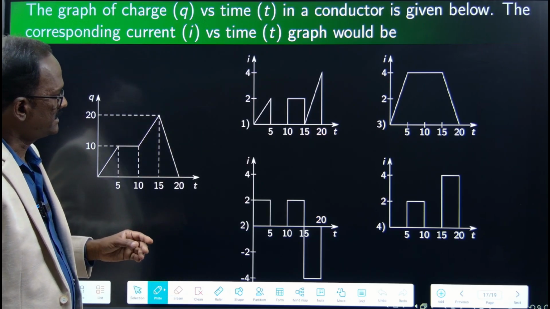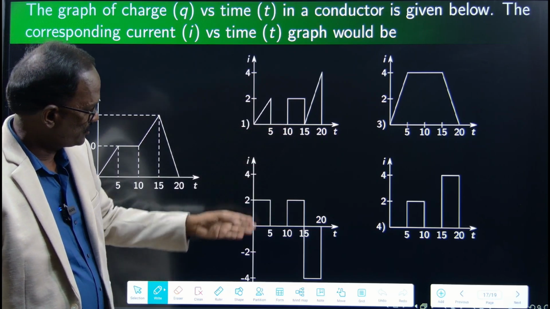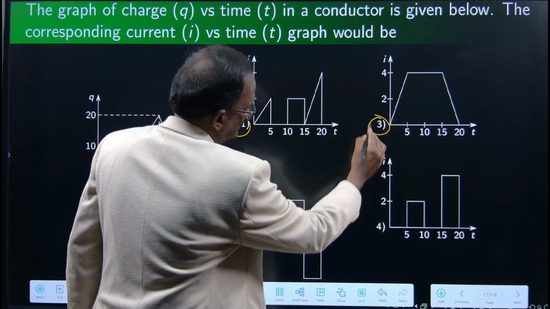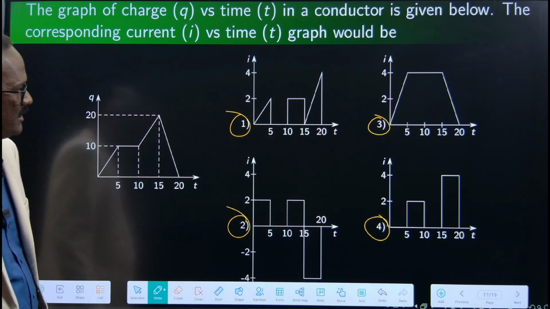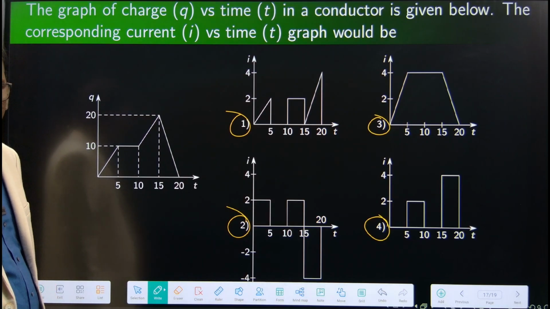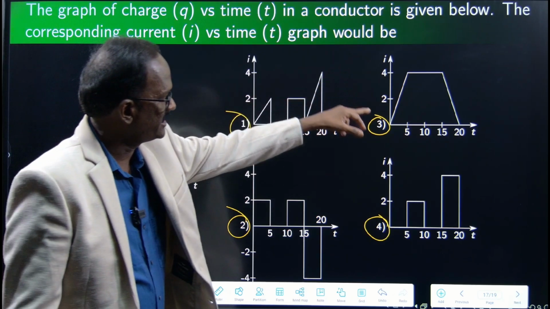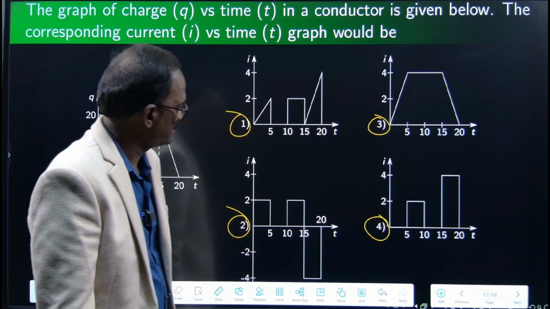The corresponding current I versus T would be 1, 2, 3, 4. 4 options are given in the form of graphs. We have to find which option is correct, which graph is correct. Q versus T is given, I versus T is given in the form of answers.